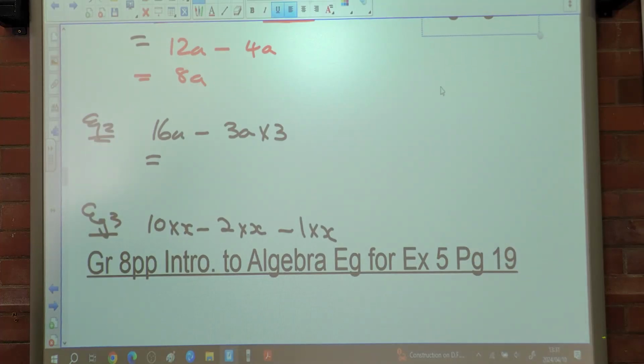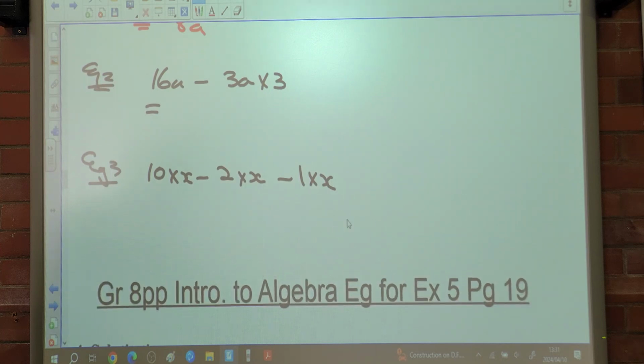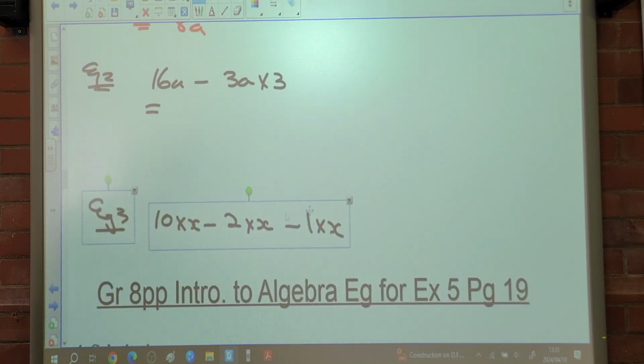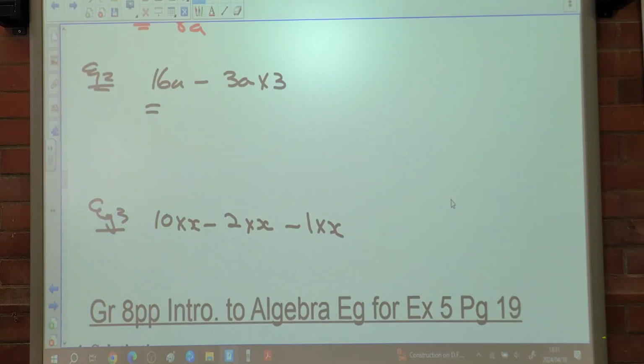Sorry? 10x, 10 times x, minus 2 times x, minus 1 times x. Okay, what's your answer to example 2? 7a. You all agree with that? You got at the back. What's your answer?